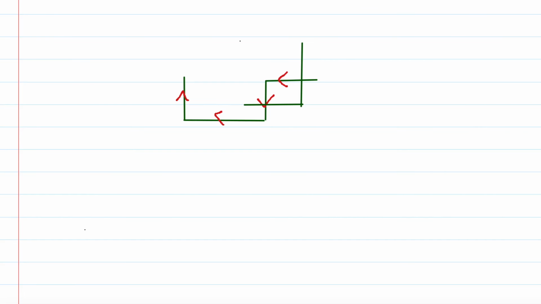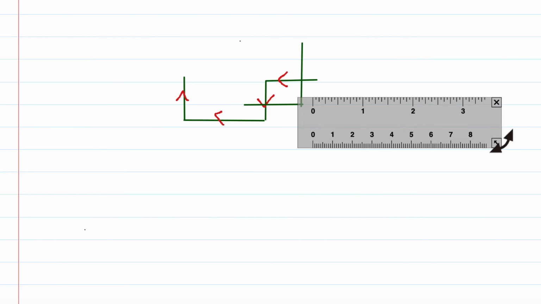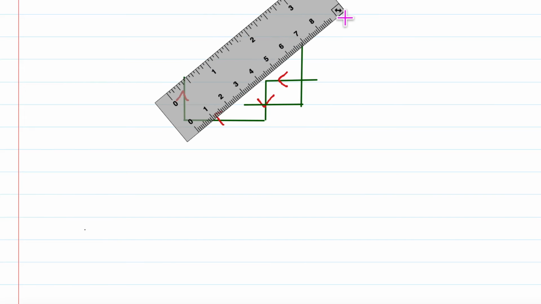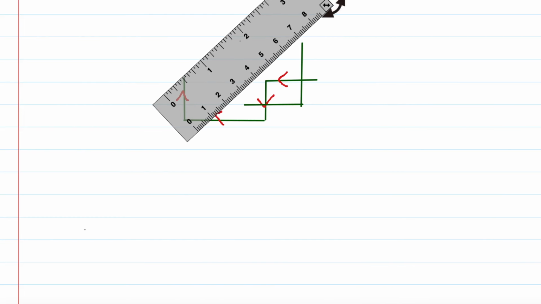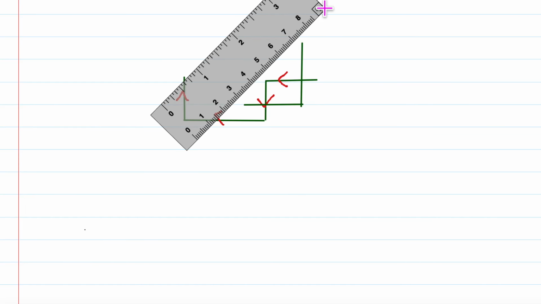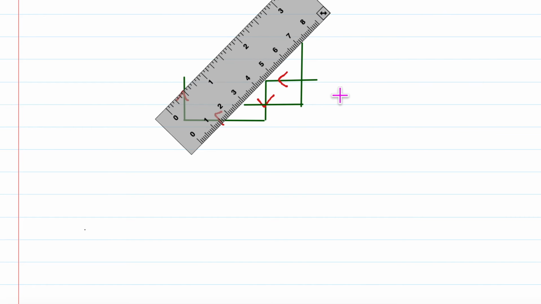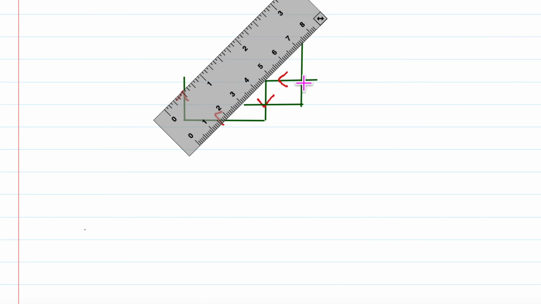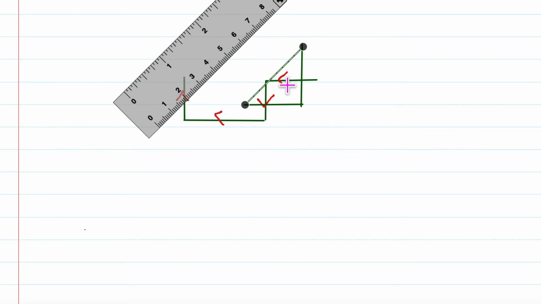Okay, you draw this and take your ruler in such a way that approximately this side will be equal to this side, and let it be approximately equal.